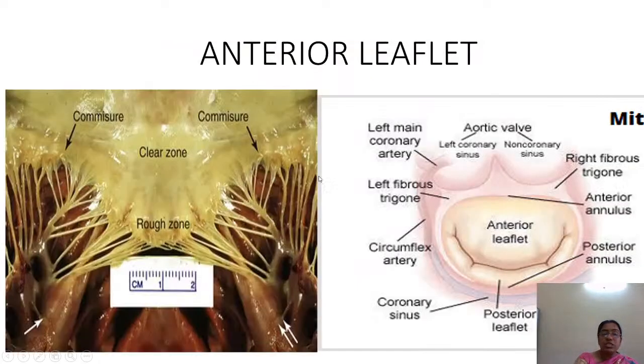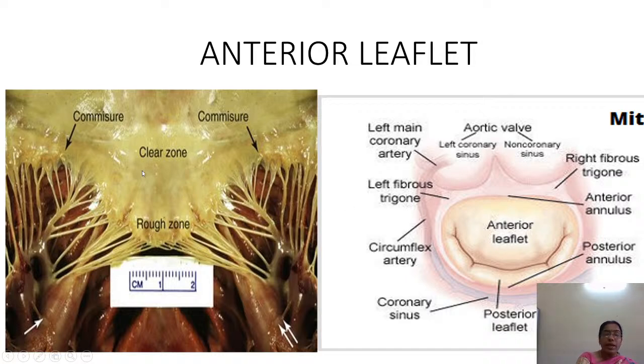See the leaflet that is present. When you open the leaflet and see only the leaflet, what does it consist of? You can see the anterior leaflet.